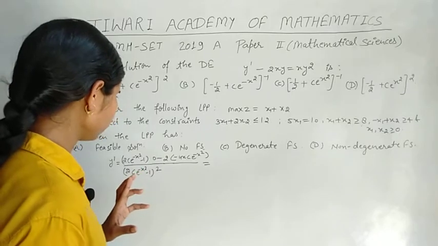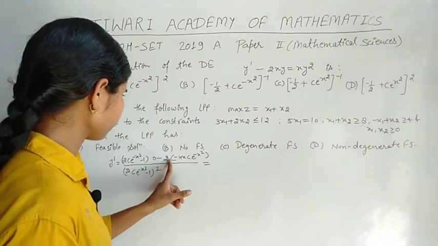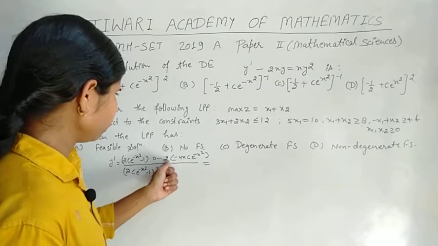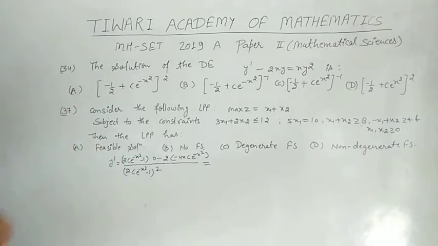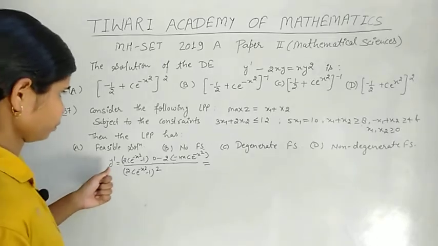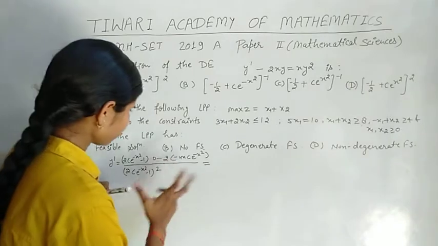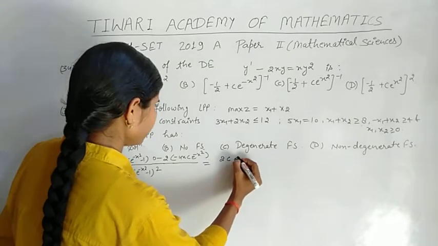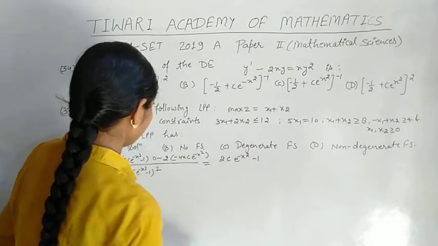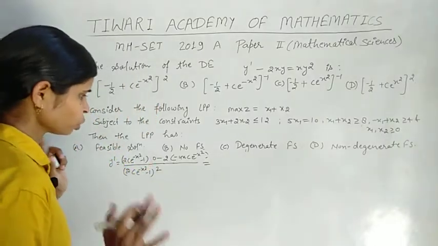Minus minus positive. Sorry, add or subtract. 2c e raised to power minus x square minus 0 multiply by 0 is equals to 0.